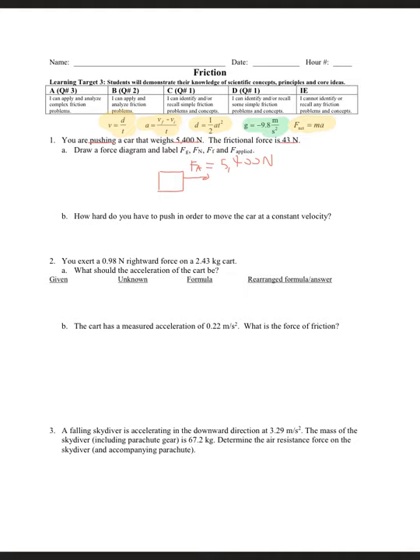Now, obviously, if we're pushing an object, then that's an applied force. The force that opposes an applied force is frictional force. And if it opposes an applied force, it's going to go in the opposite direction, right? And so if this is the opposite direction of our applied force, this is going to be our force of friction, and it's going to be a big F sub little f.